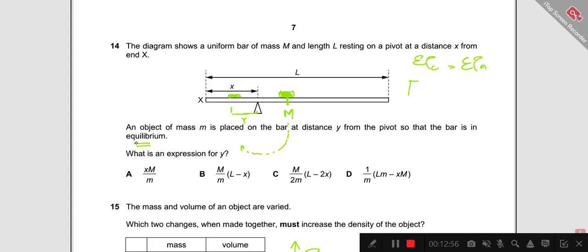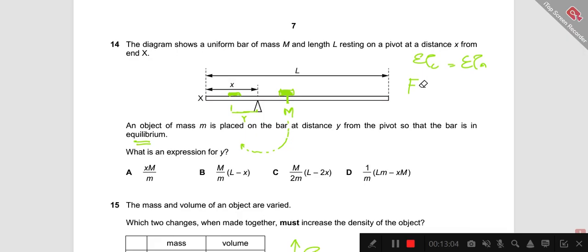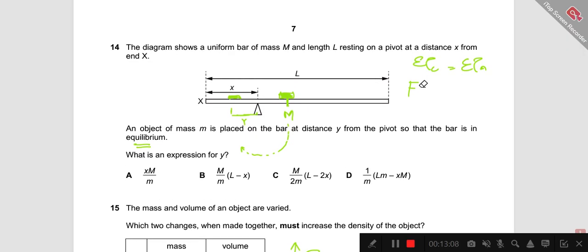So let's place the expression for the clockwise torque here. It would be force times the moment arm, right? And the force is the weight of the rod, which they have mentioned is capital M. And then we'd write the moment arm, that is the distance of this weight from the pivot. This distance we have to write, right?